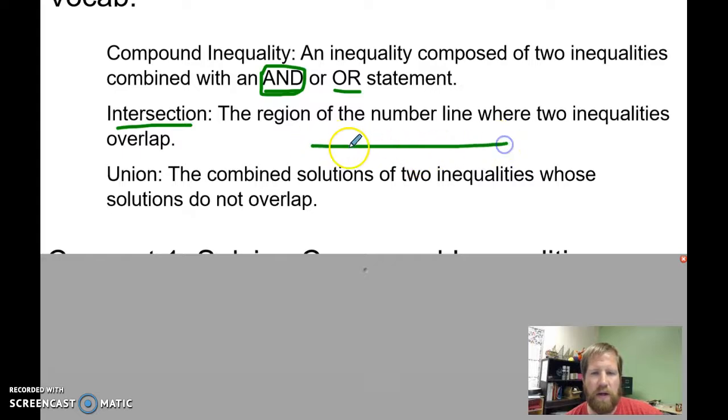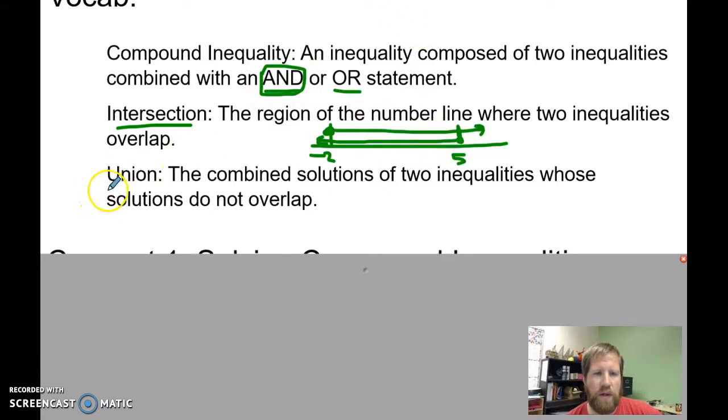So if I have my number line and I have one going from here and is larger than like -2, and one is here and is smaller than 5, the area where they overlap, so this area, is all going to be the intersection. That's going to be the solution for my AND inequality.